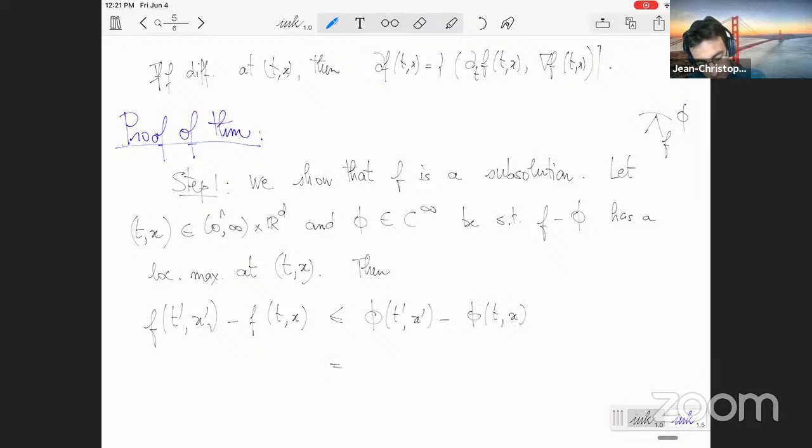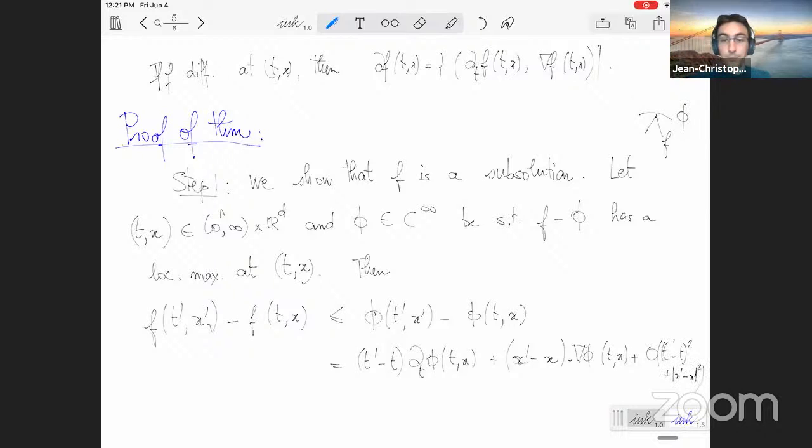And this is t prime minus t, partial t phi of tx, plus x prime minus x, grad phi of tx, plus big O of (t prime minus t) squared plus (x prime minus x) squared.